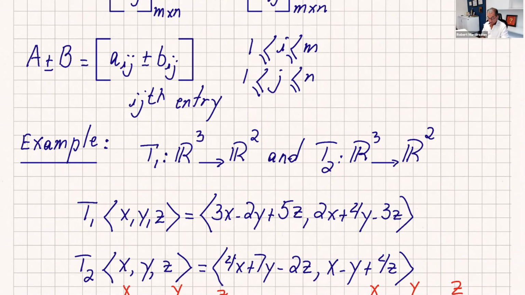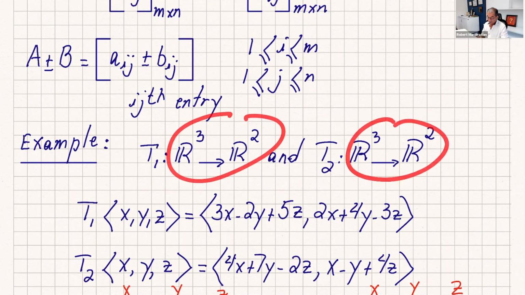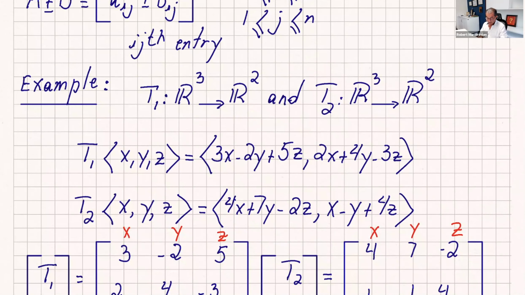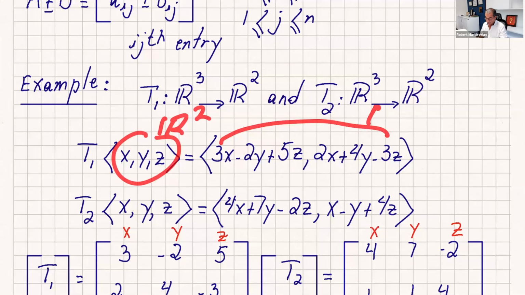If you have a transformation from R3 to R2 and another one from R3 to R2, they have to be the same. So if you write the transformation, T1 of x, y, z is 3x minus 2y plus 5z and 2x plus 4y minus 3z. So we are going from R3 to R2.